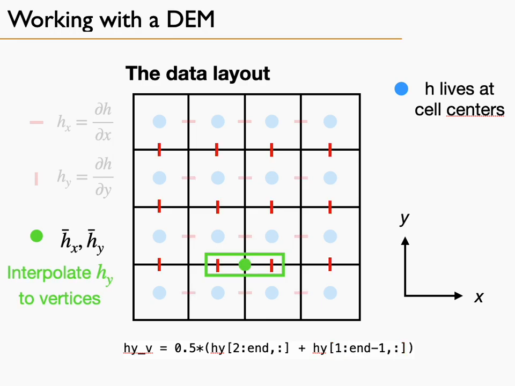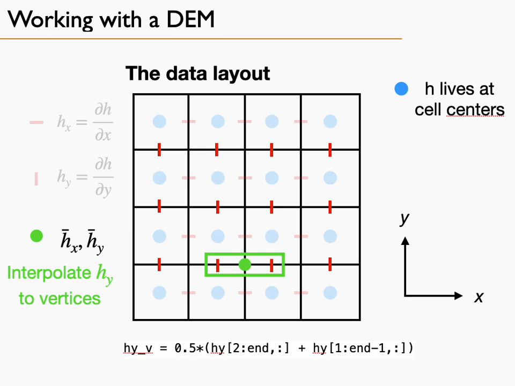Let's do the same for hy. So for hy, we have a horizontal interpolation that can be written as half of hy index 2 to end, comma, colon, plus hy index 1 to n minus 1 in x, comma, colon, in y. So we can do it step by step.